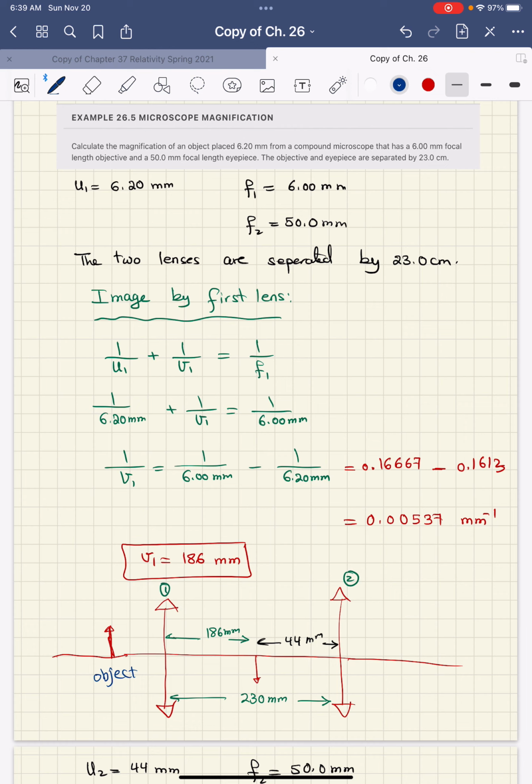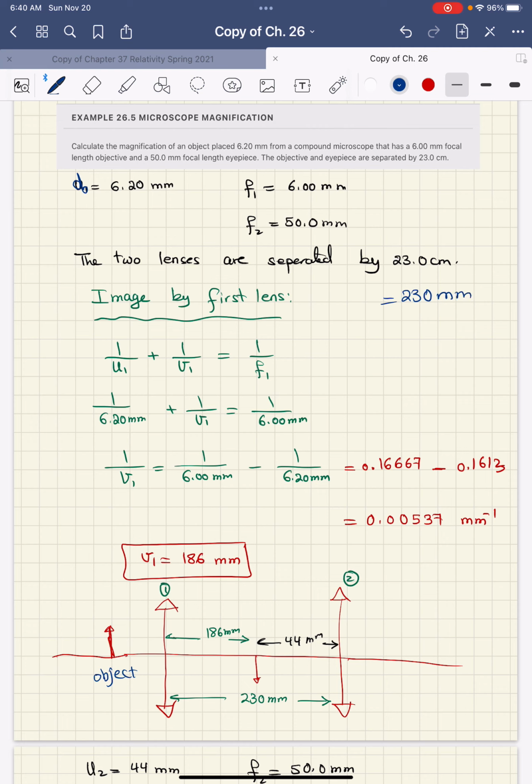Now, what I will do is work first on the image formed by the first lens, and I know that my d object is 6.2 millimeters, and f1 is 6, and f2 is 50, all in millimeters. Then I need to convert the 23 centimeters, which is going to be 230 millimeters.